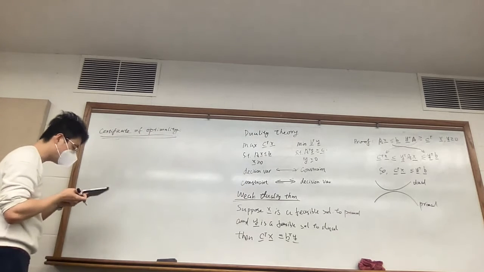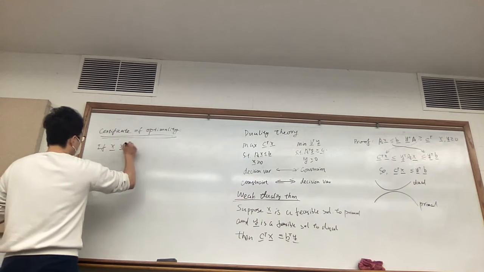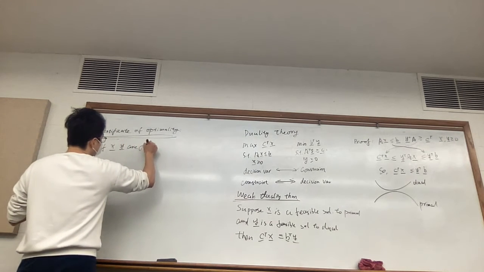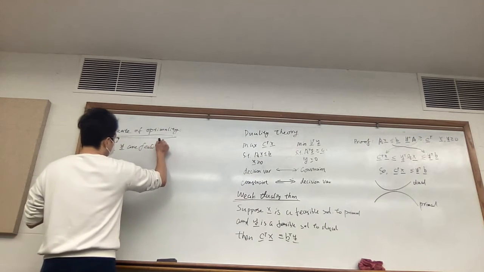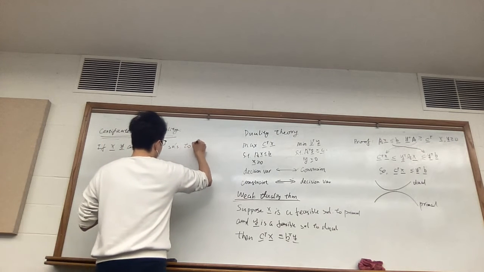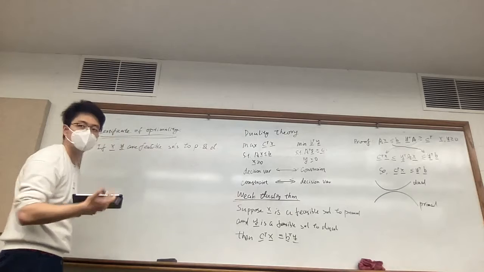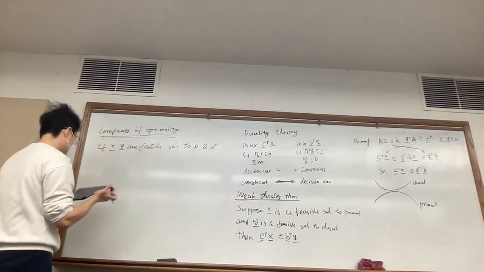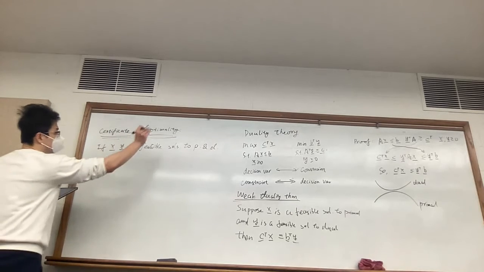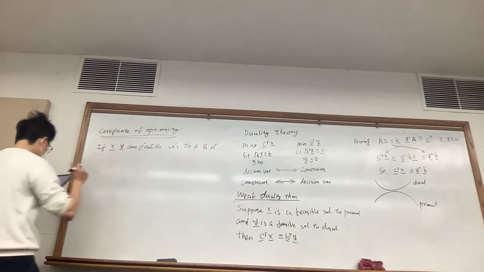What does it mean? It means that if x, y are feasible solutions to primal and dual. P means primal, D means dual, I just write it for simplicity. X is a feasible solution to the primal, and Y is a feasible solution to the dual.